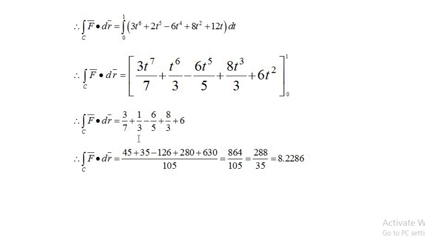Now LCM of 7, 3, 5 is 105. 3 upon 7 is 45 upon 105 plus 1 by 3 is 35 upon 105 minus 6 upon 5 is 126 upon 105 plus 8 by 3 is 280 upon 105 plus 6 is 630 upon 105, which is equal to 864 upon 105. After simplification, that comes to 8.2286.